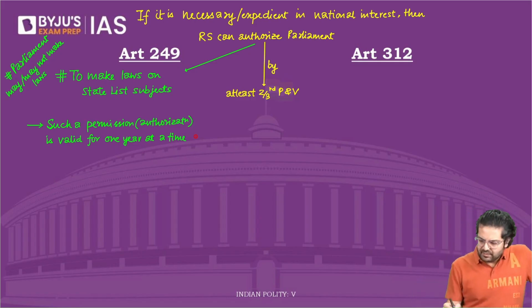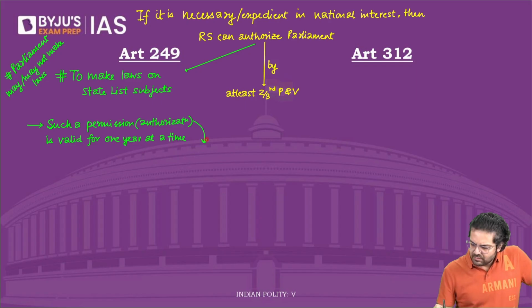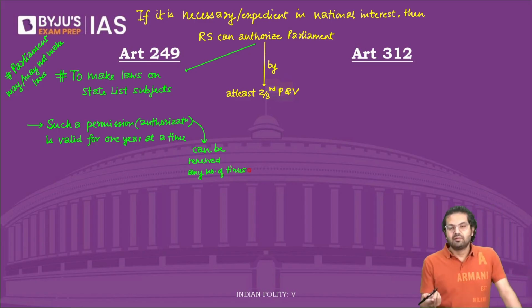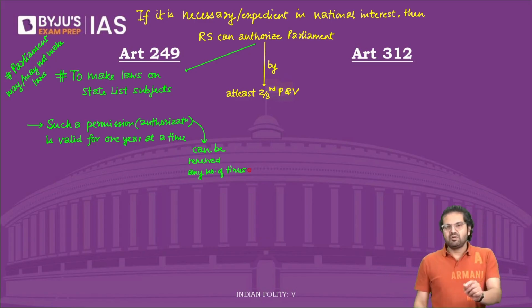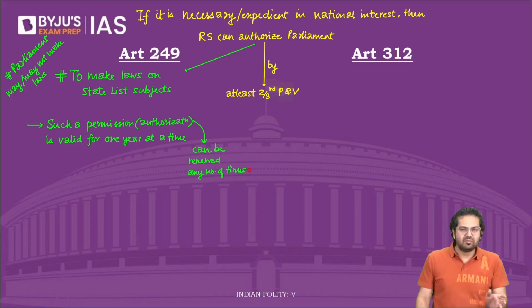Now, can this permission be given again? Yes. This permission can be renewed any number of times, just like your subscription, right? To Prime, to Netflix, to YouTube, etc., Hotstar, it can be renewed any number of times. Same thing. But the permission to use the application is for say 1 month or 1 year.